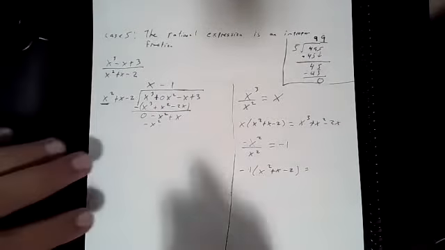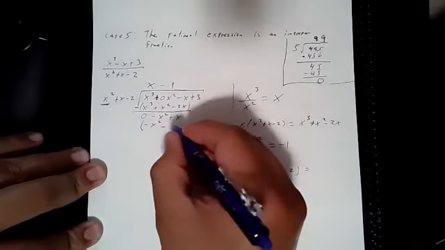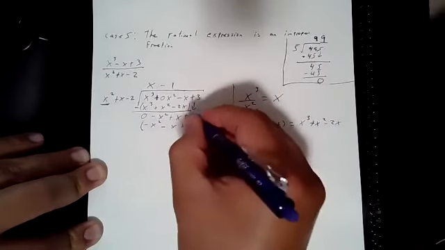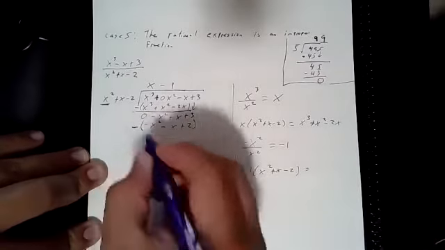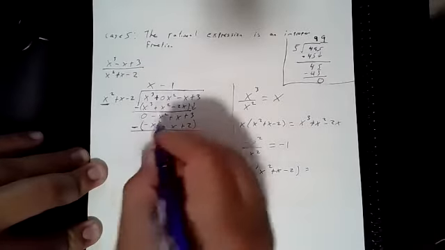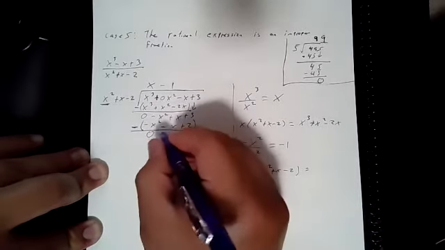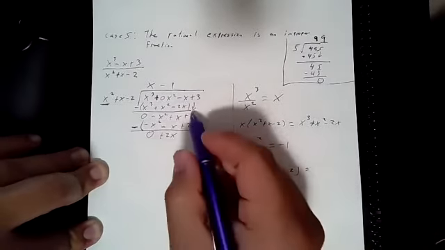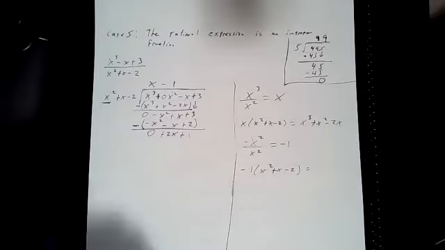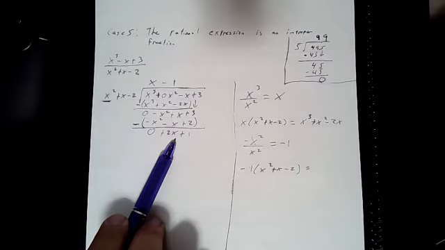So we will get negative x squared minus x plus 2. Bring down the 3 and subtract everything. So negative x squared minus a minus is 0. x minus a minus is plus 1. 3 minus 2 is 1. Now I cannot go any further, so that is my remainder, right?